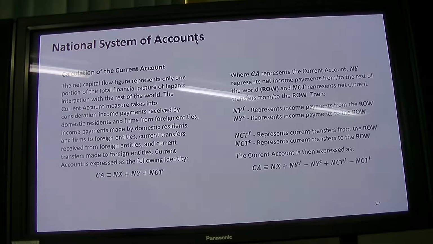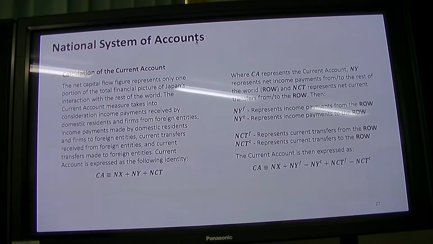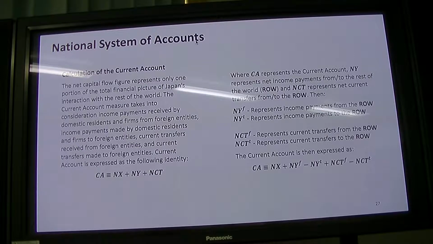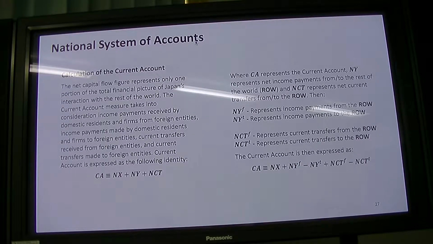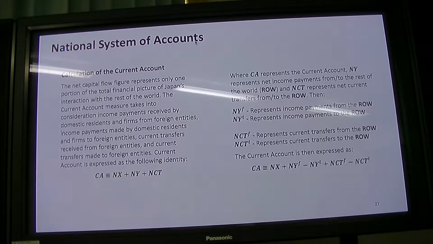And I've talked about there's three main areas of what's called the balance of payments: the net exports, the current account, and the capital account.